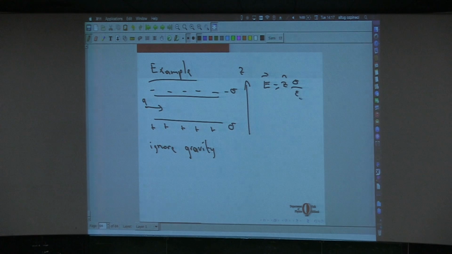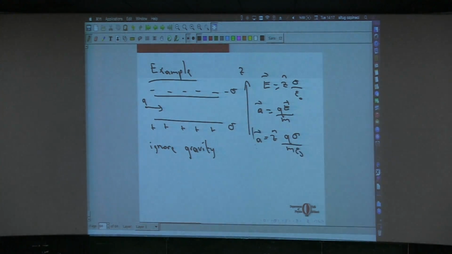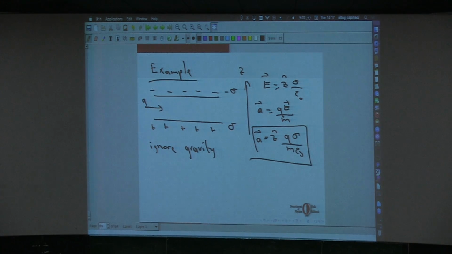It will be in the positive Z direction, sigma over epsilon 0. So we know the acceleration of the charge. This is QE over M, Q sigma over M epsilon 0. This is the acceleration. Again, our particle just makes motion with constant acceleration.